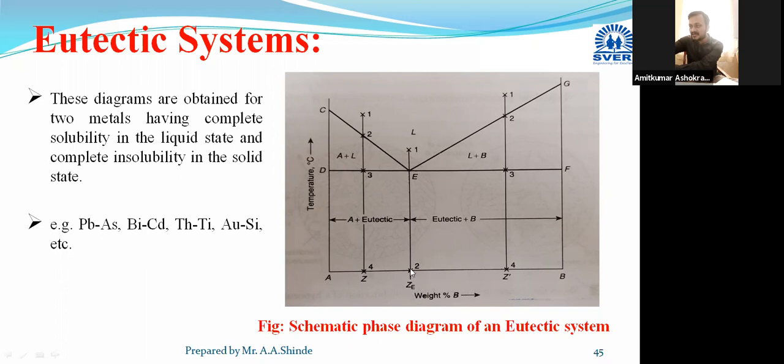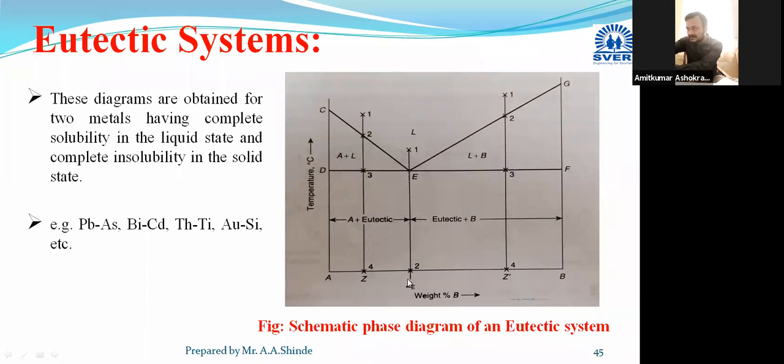When the composition is more than this Ze, towards this side, these alloys will be hypereutectic alloys. And when the composition is less than this Ze, toward this left side, these are hypoeutectic alloys.